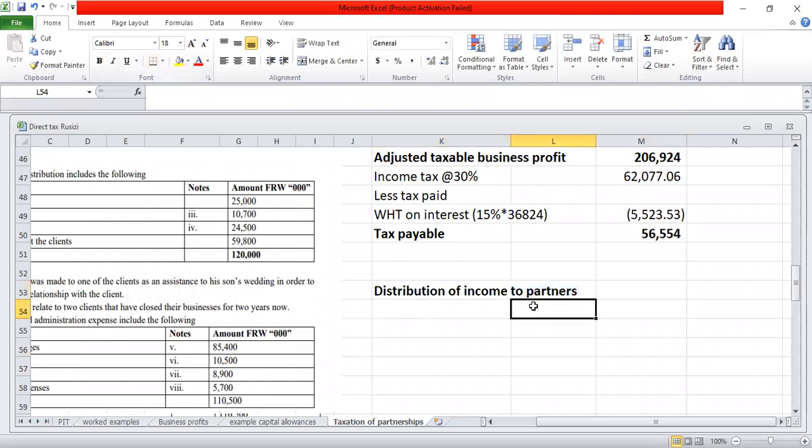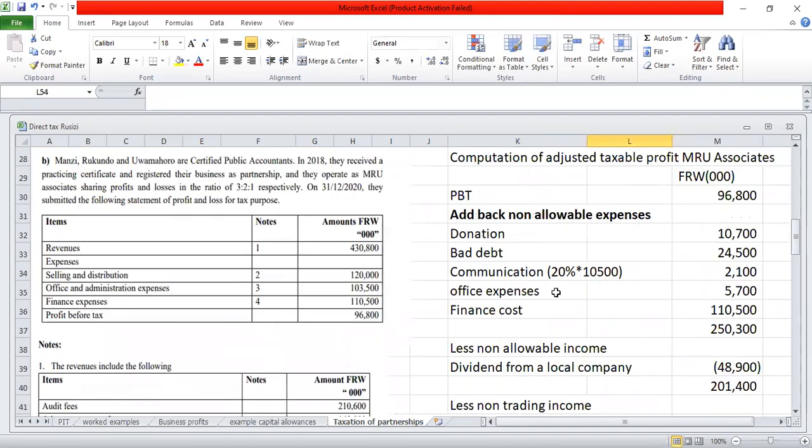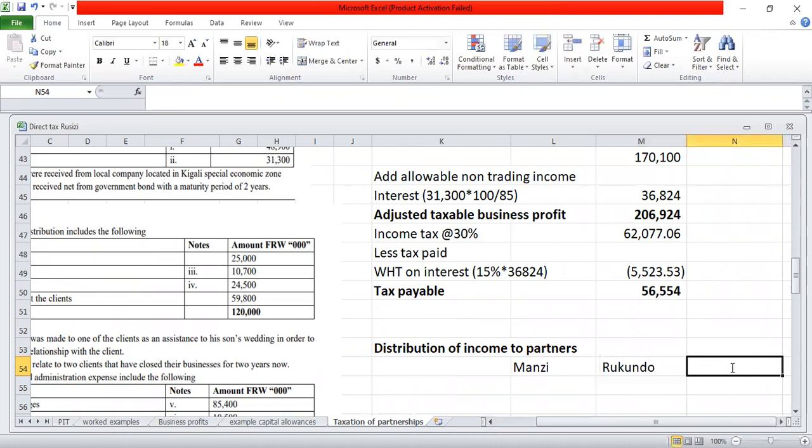So I have partners: Manzi, Rukundo, and Wamahoro.